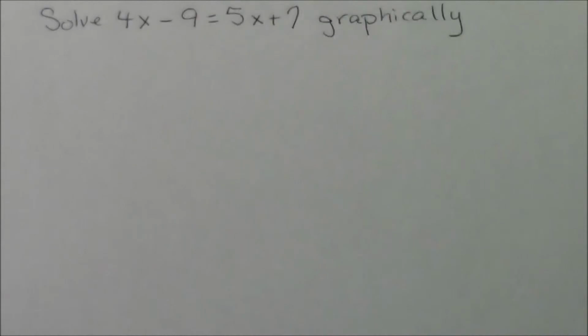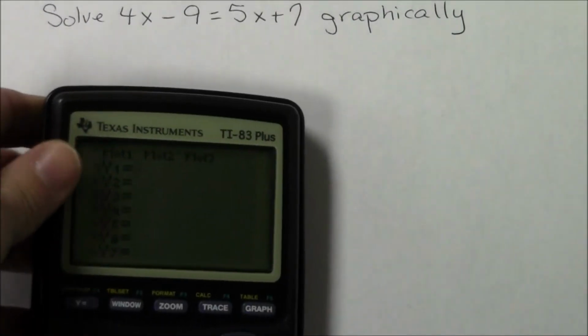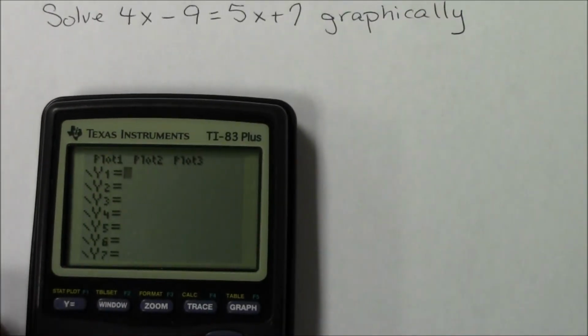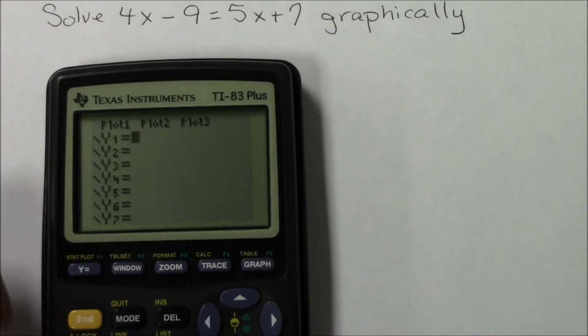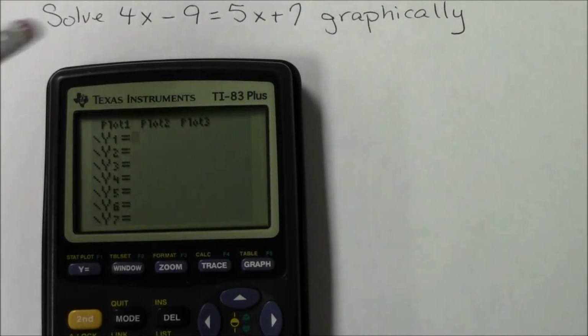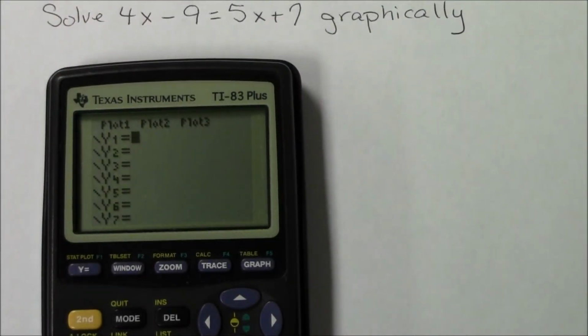So we want to do the exact same thing that we did before in order to solve the other one. We're going to let them each equal y. So in the calculator, that means that y equals the left side of the equation, which is 4x minus 9.